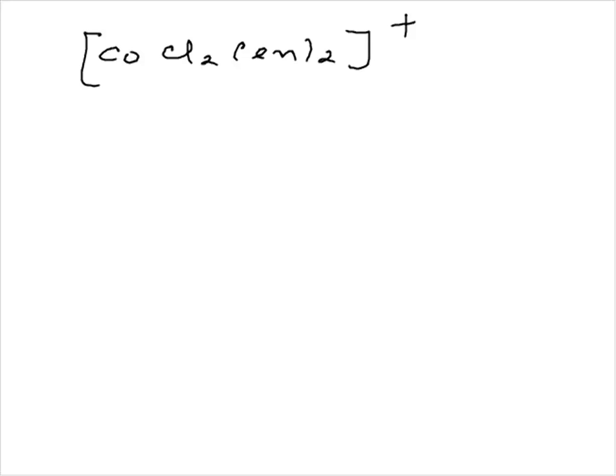Sir, it's dichloro bis ethene 1,2-diamine cobalt 3. Ethane 1,2-diamine. Sorry, ethane 1,2-diamine. So ethane 1,2-diamine, then cobalt, how much? Cobalt 3. Okay.